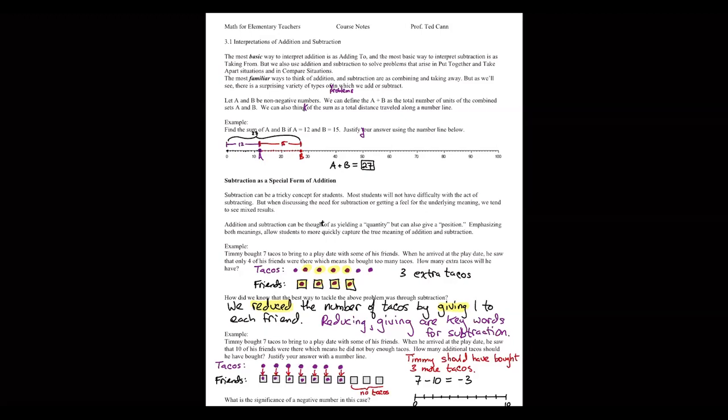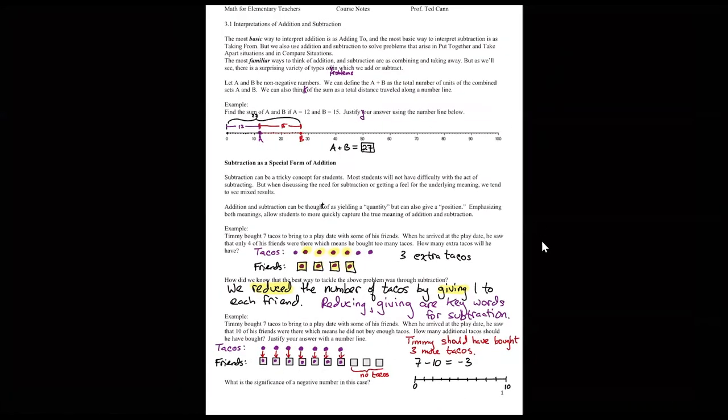All right. So we can look at it this way and say, all right, well, I have 10 people, 10 available slots. So what I could say is 7 of them are accounted for with tacos. All right, that gets me to the 7 mark. And so that gives us a remainder of 3, a 3 left over. So you can look at it that way. That's one number line justification.